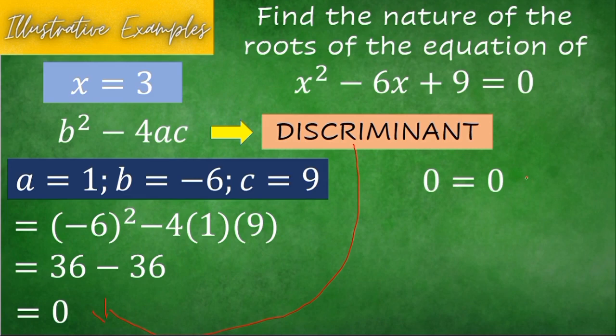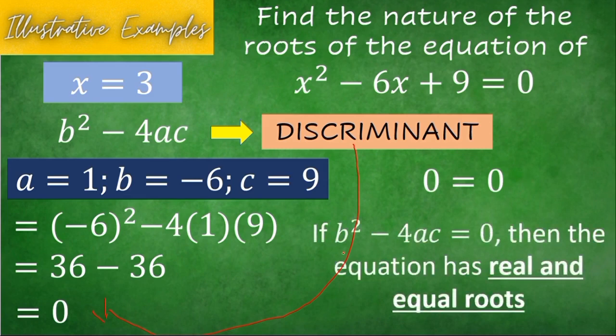When the discriminant is equal to 0, then the nature of the roots is real and equal. Again, if the value of the discriminant is 0, then the roots are real and equal.